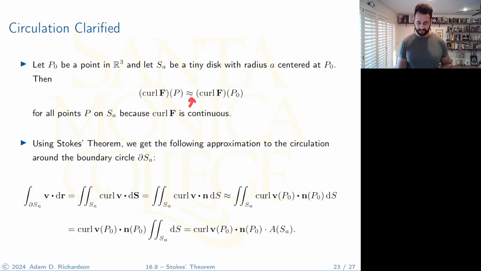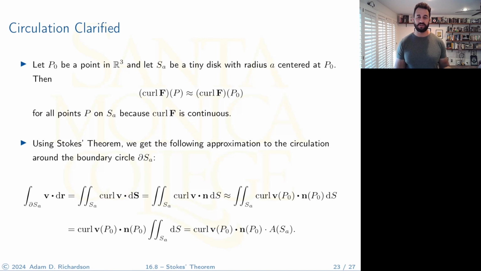The approximation is an important part here, and the reason we can do this is because the curl function is a continuous function. Basically, if you pick your radius to be tiny enough, then the curl of F at any point on that little disk is about the same as the curl of F at the center, roughly speaking.